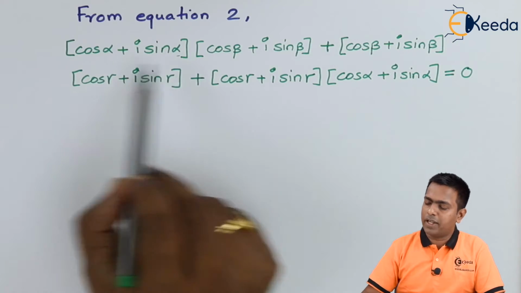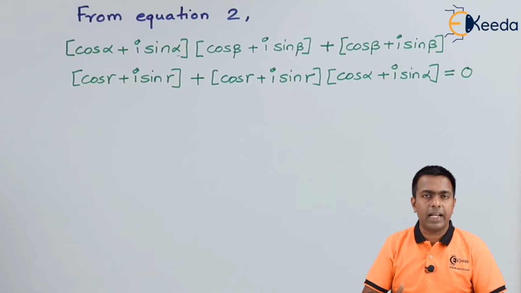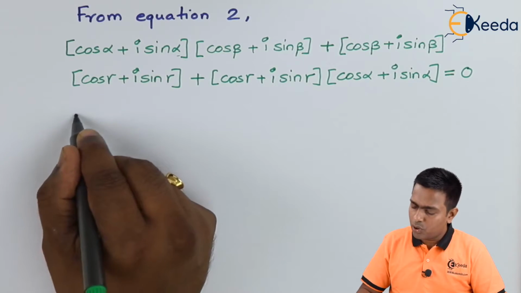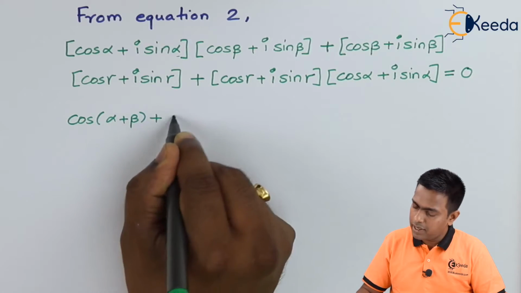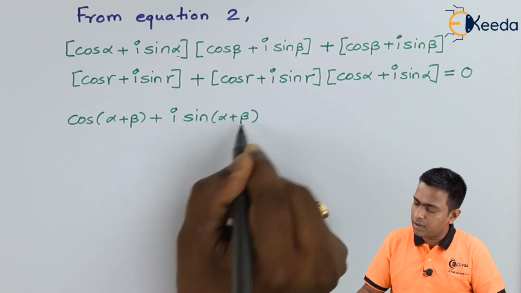Now we'll multiply this. So whenever we multiply 2 complex numbers in polar form, that time we add their amplitude. So here we will get cos of alpha plus beta plus I sin alpha plus beta.